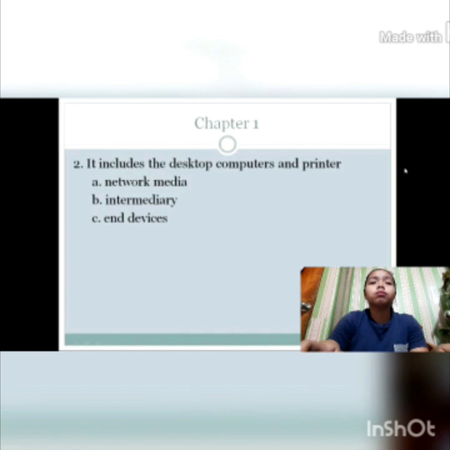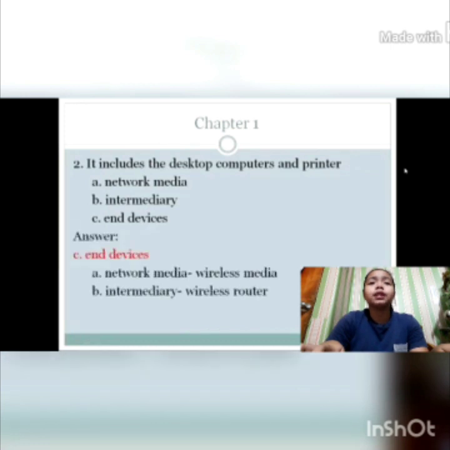For me, this is letter C, the end devices, because the network media is for wireless media and the intermediary is the wireless router. So the desktop computers and printers are end devices.